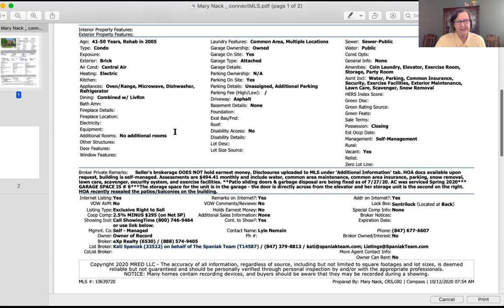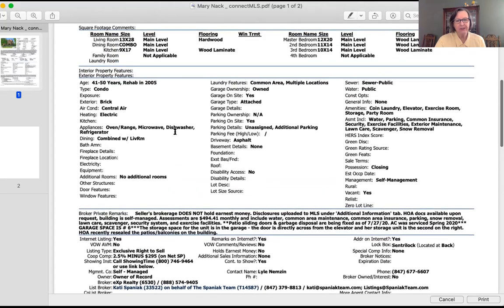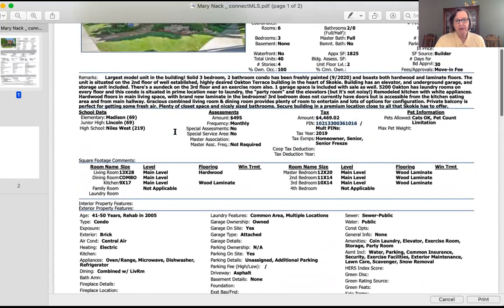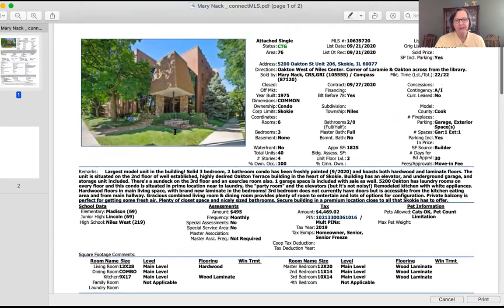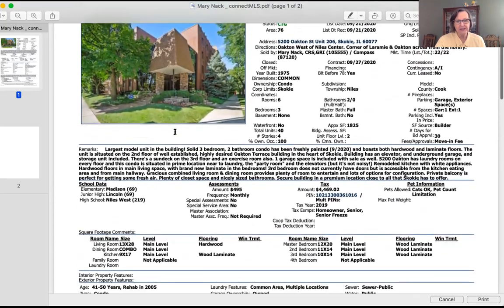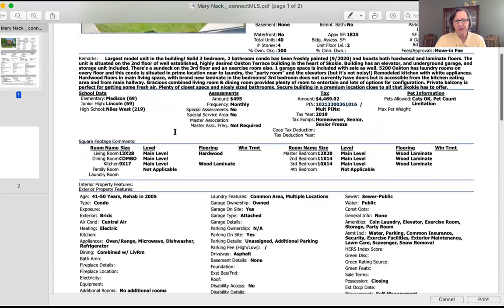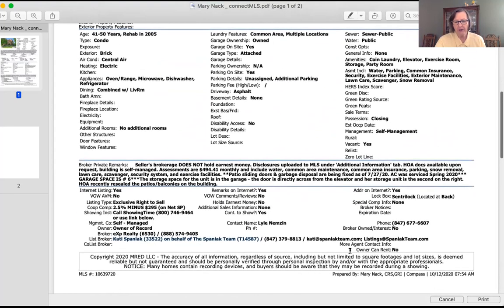The issue is that the agents fill these out, and you know the old expression, garbage in, garbage out. So if you limit your criteria too much, you won't get things that necessarily might fit your parameters. This particular property, the association does not allow rentals.